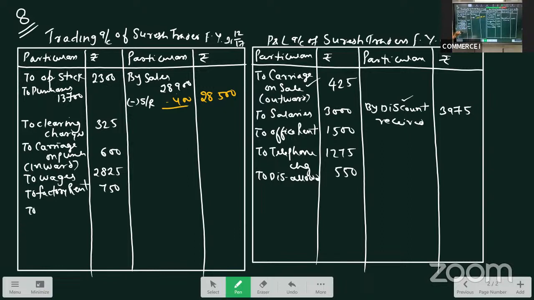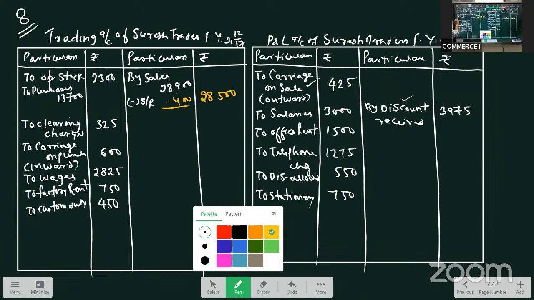All sorts of duties, custom duty, excise duty, import duty, all these also will appear in trading account. Then stationery. Stationery is a P&L item, an office item. Stationery is given as 750.